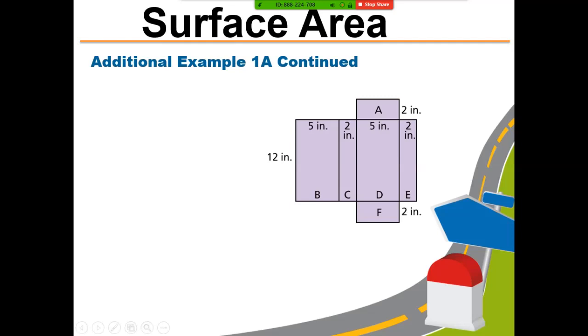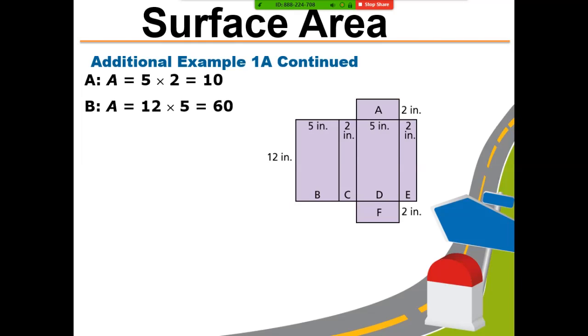Then I will start to find each area and write it down here. Area of A, this one, the 2 dimensions which I have are 2 and 5, right? So using the formula of a rectangle, I will multiply length and width, 5 and 2. 5 times 2 equals what? 10. Second, I will take B. Can you see rectangle B? It has 2 dimensions also, 5 and 12. So to find the area of B, I'm going to multiply 5 and 12 to get 60.